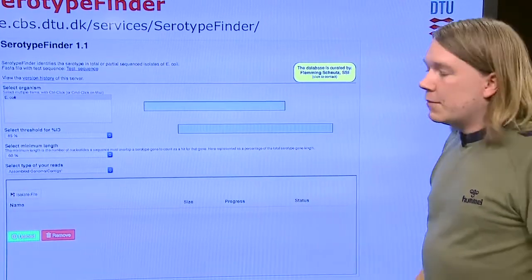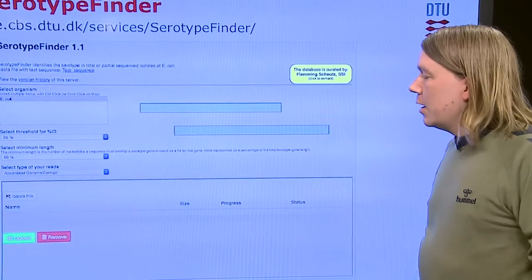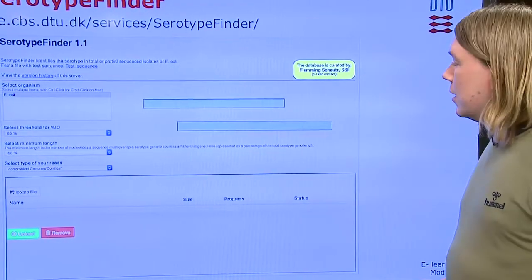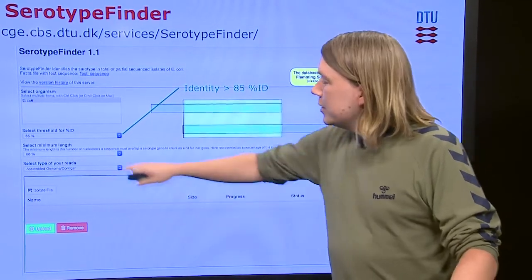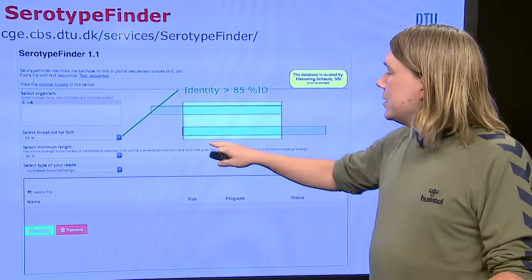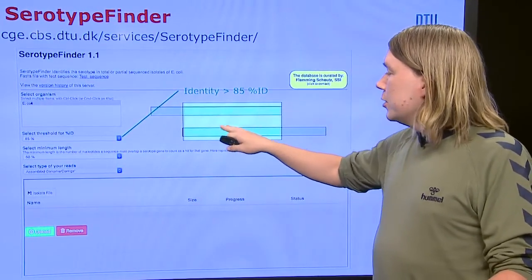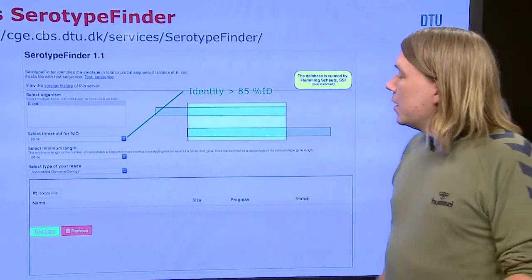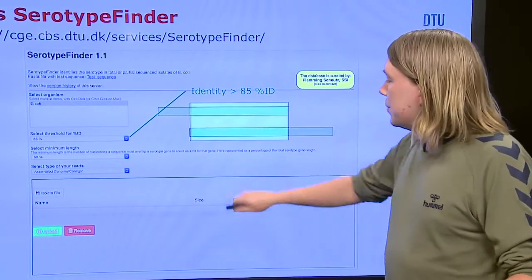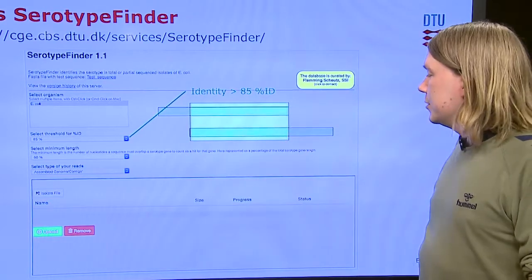If you have a gene and your contig, and they have been aligned by BLAST, then you have the alignment region here, and this tells you that at least 85% of the nucleotides in this alignment region need to be identical.